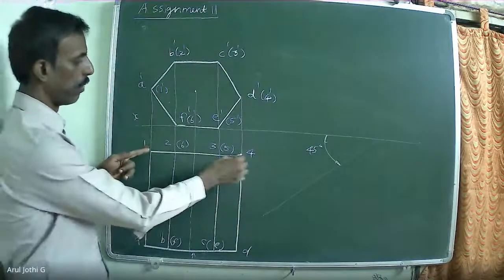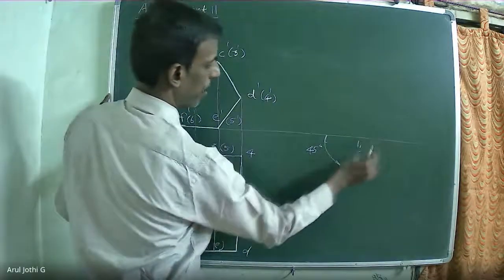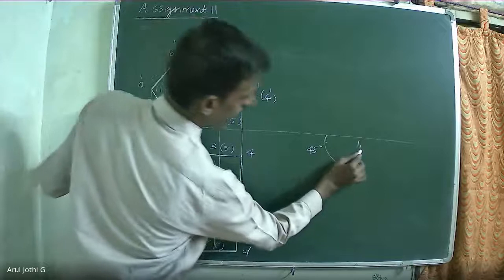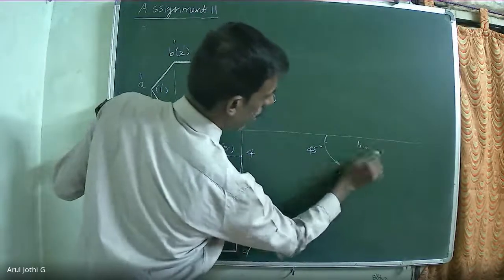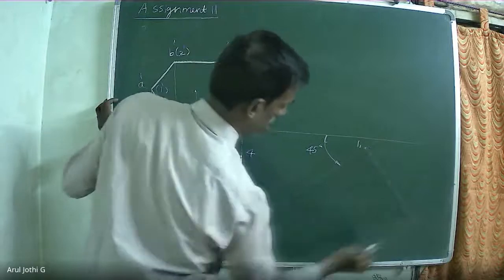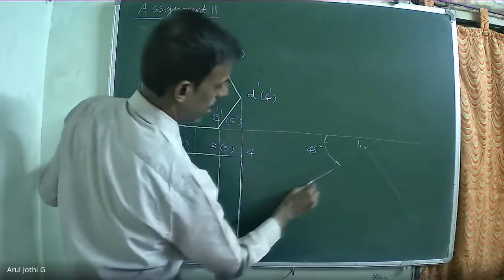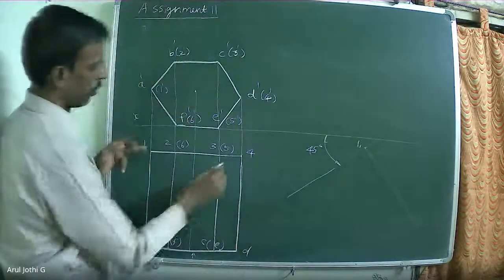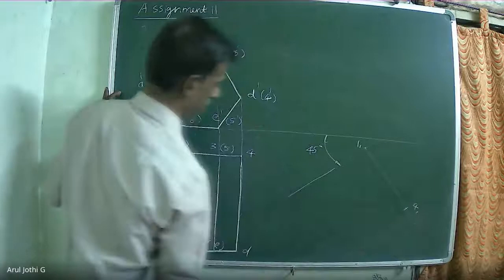Now you transfer 1 and 4. This will be 1, 1. So transfer 1 and 4.